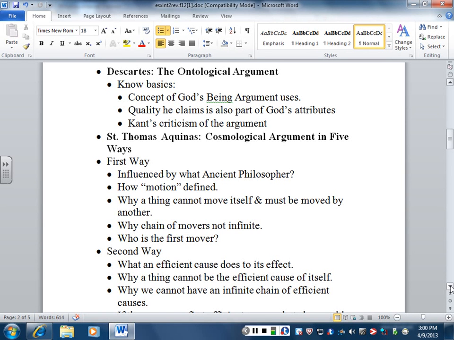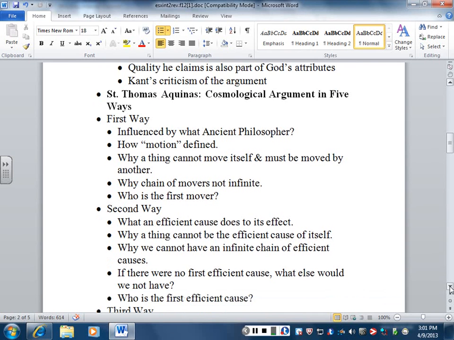To put it in a nutshell, Kant says existence does not function as a logical predicate. It's not a property of the thing, a predicate of that thing. Well, okay. Now, St. Thomas Aquinas, who also believed in God, most of us say, you can say, well, wait a second, we got 5 ways here.